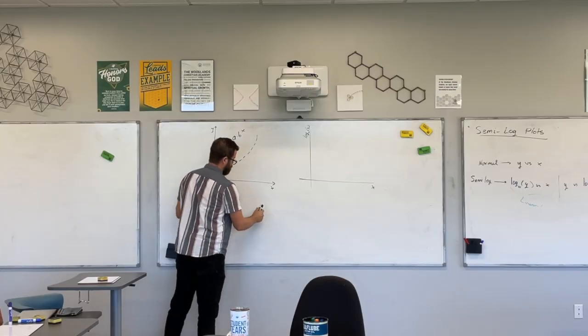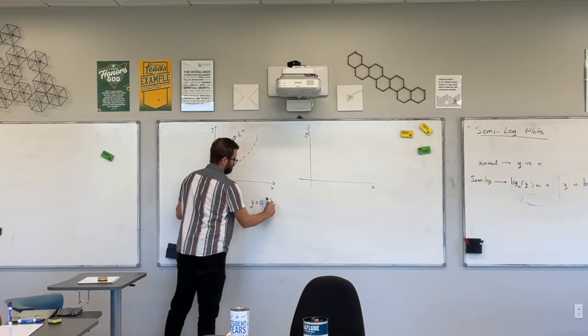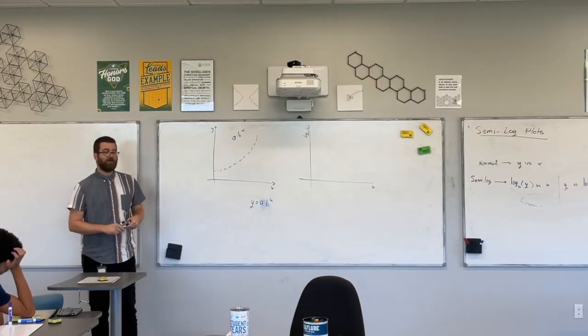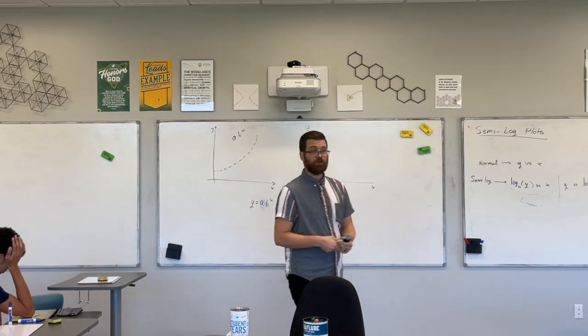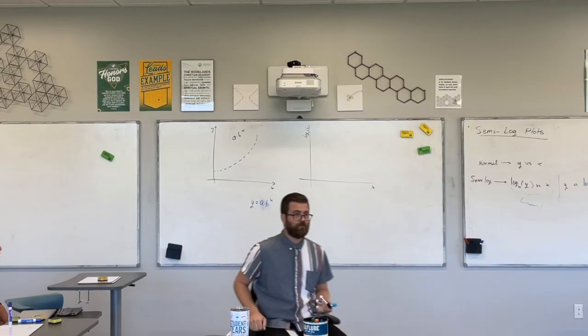Here is our wonderful exponential. Whoopsies, that is not our exponential. So imagine you have a times b to the x power. What am I taking the logarithm of? Y. Just your y values. Is everybody with me there?